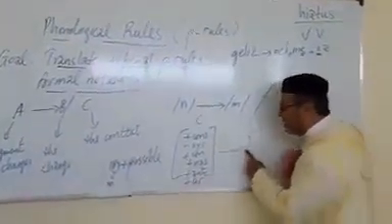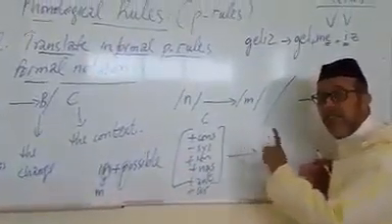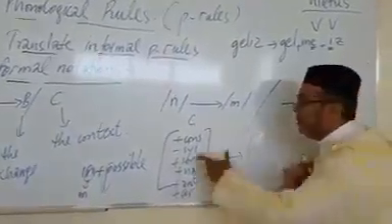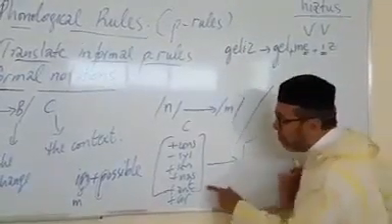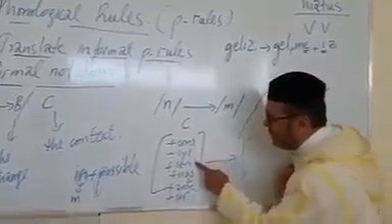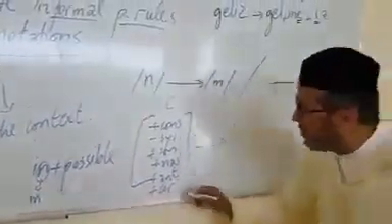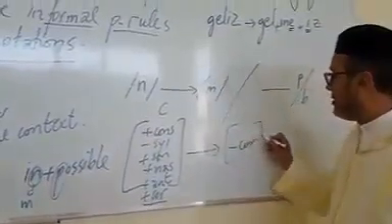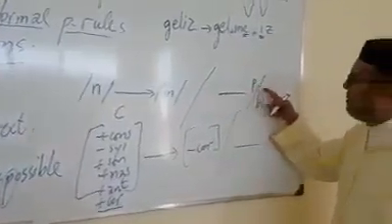On the right side of the arrow, we mention only the feature or features that change. We don't repeat the whole thing. So, how does n become m? All of these remain the same, except this one. Plus coronal becomes minus coronal. Where? Here, when it is followed by p or b.